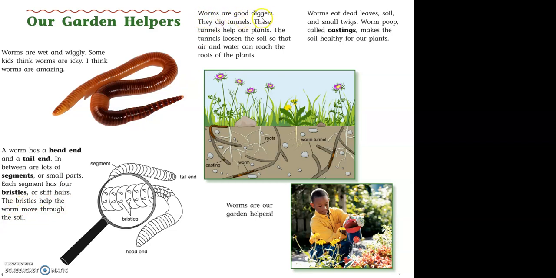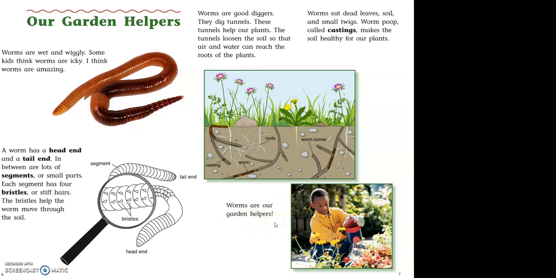Worms are good diggers. They dig tunnels. These tunnels help our plants. The tunnels loosen the soil so that air and water can reach the root of the plants. Worms eat dead leaves, soil, and small twigs. Worm poop, called castings, make the soil healthy for our plants. Worms are our garden helpers.